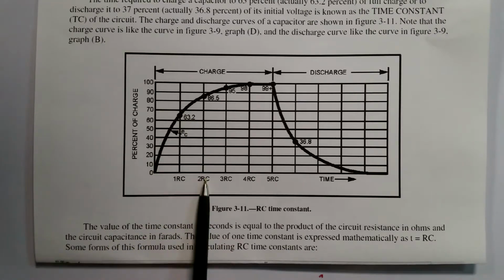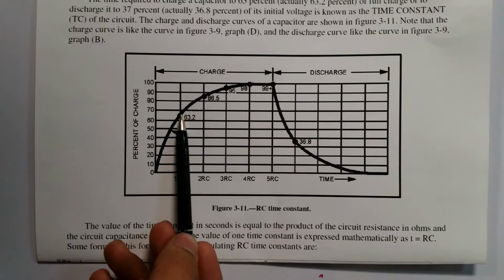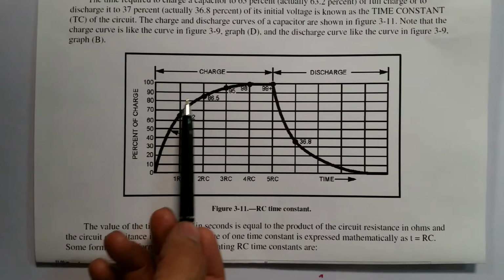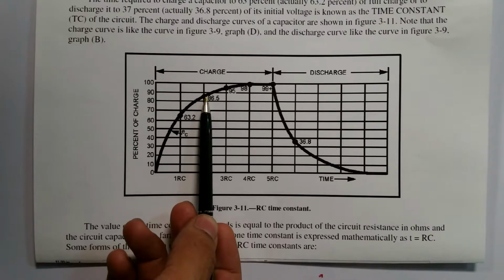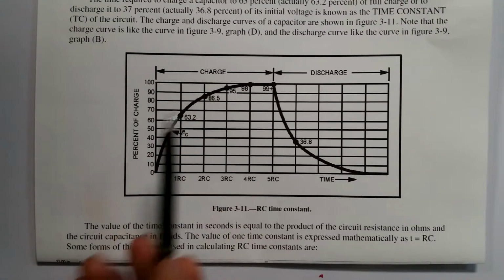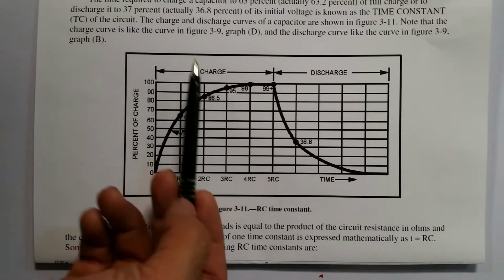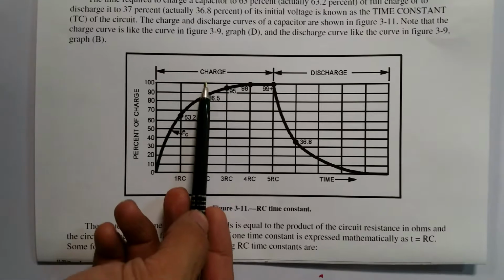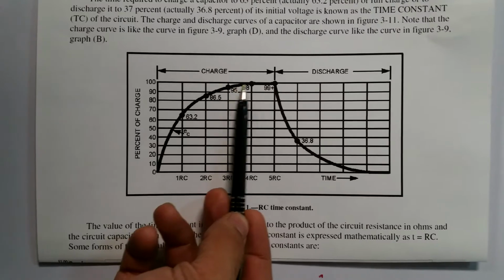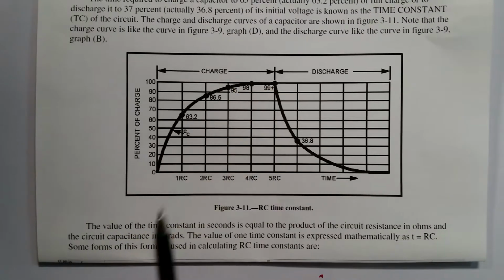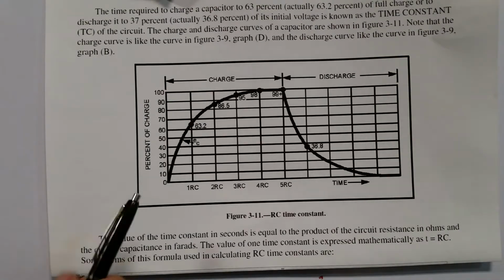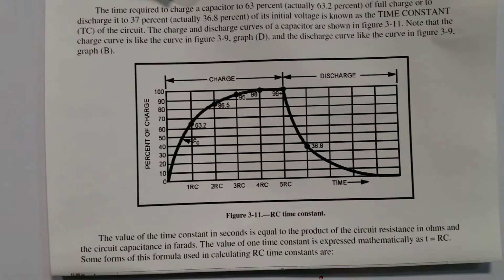Then by the second time constant, it's going to rise another 63% of whatever is left, which in this case is going to equal about 86.5%. From 86.5 to 100%, there is another 13.5% to go. Well, the other 63.2% of that will take us to 95%, and so on and so forth until we get here, which is very close to 100. So capacitors charge the most at the beginning of the time constant.